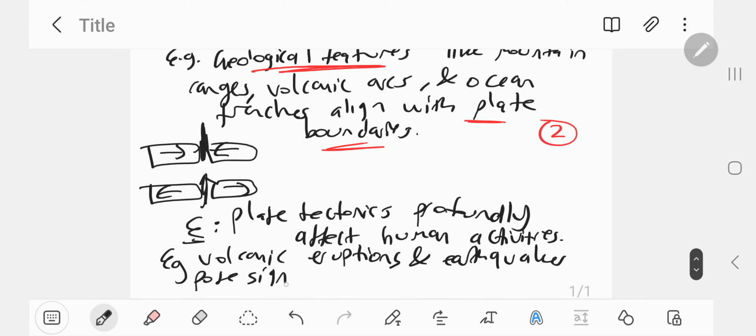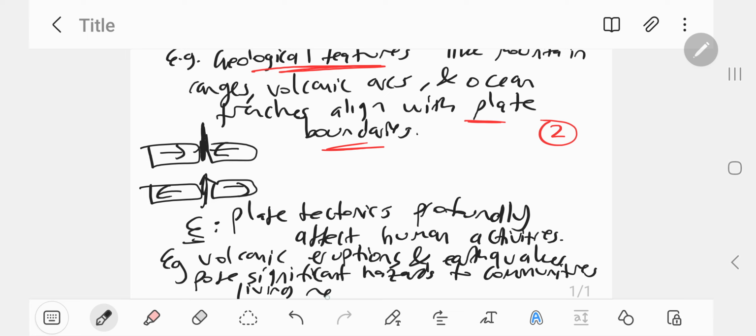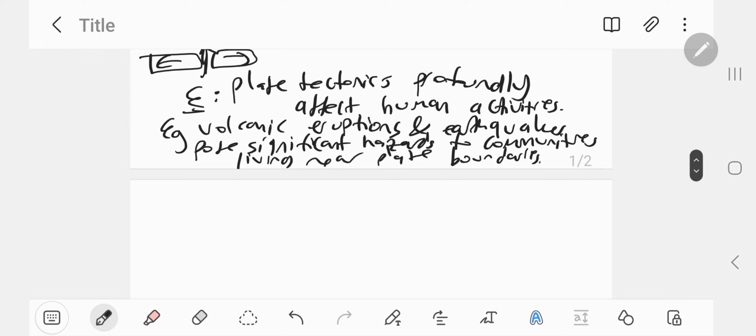They pose significant hazards, and they do, as we know, significant hazards to communities living near plate boundaries. You just have to watch the news. Typically earthquakes happening in Japan, because Japan sits on a plate boundary, volcanic eruptions occurring in the Pacific. Those sorts of events, you hear about them all the time. They do affect human activity.